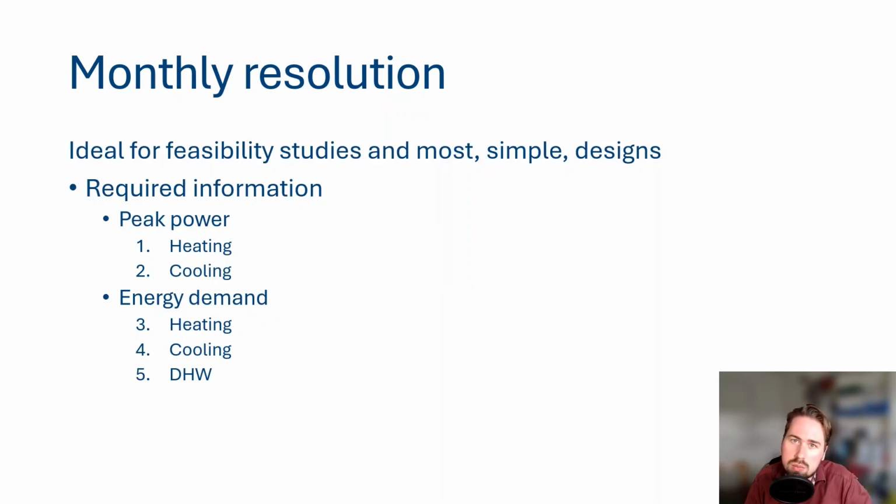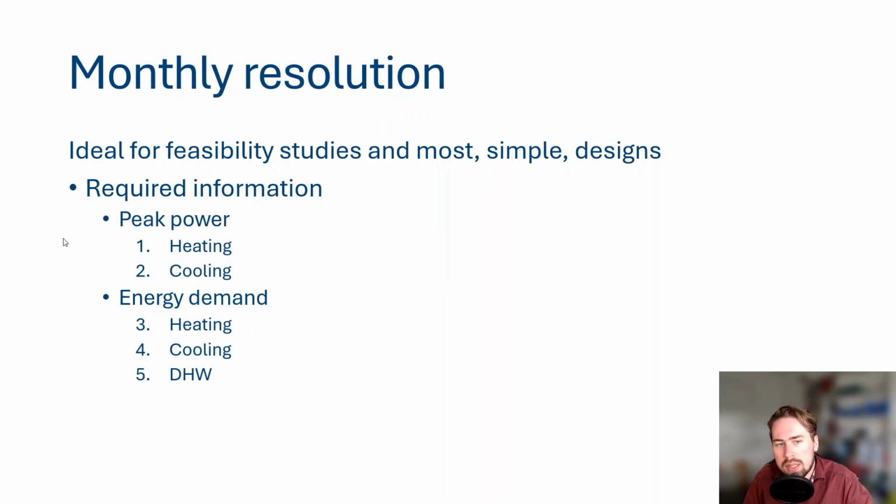And what you need is 5 different pieces of information. You need peak powers for both heating and cooling, as well as the energy demand for heating and cooling, and if that's applicable to your project, the domestic hot water consumption. So let's go over these different options and see how you can obtain these values.